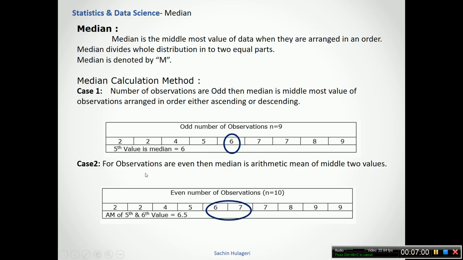Suppose we have an even number of observations. In this case, we arrange the data in ascending or descending order and take the middlemost two values. For example, here we take the 5th and 6th values and divide by 2, which is the arithmetic mean of the middlemost values, and that is 6.5.